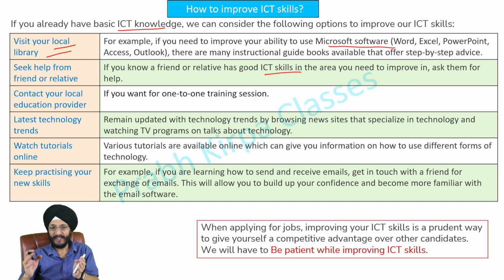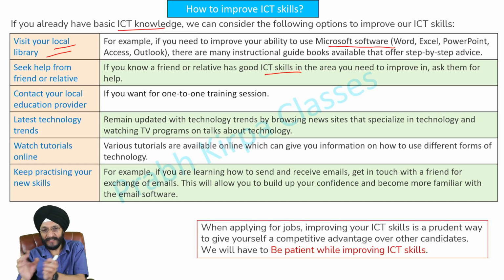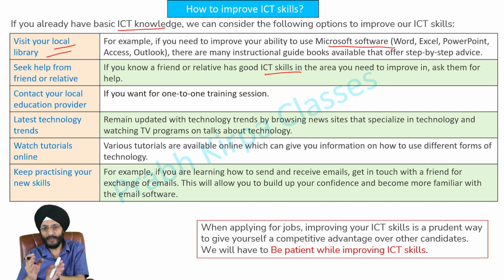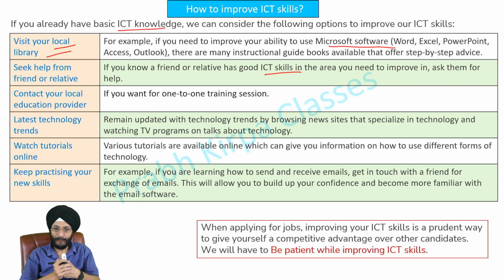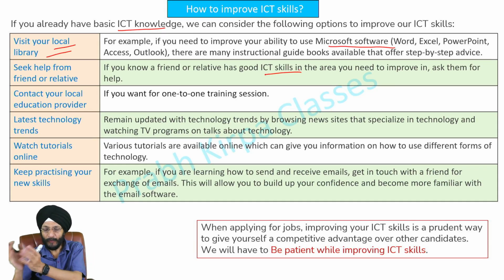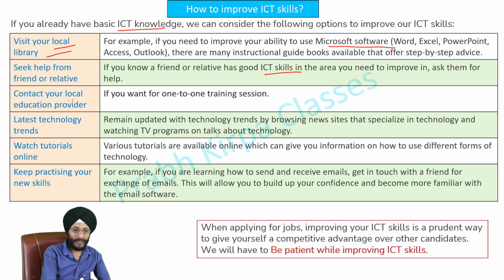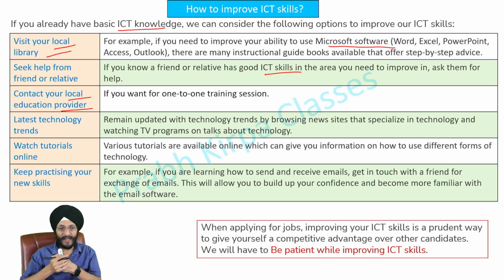For example, if you want to improve in writing letters and using Microsoft Word, and one of your friends or relatives already has the basic knowledge of how to use Microsoft Word, you can approach that friend or relative and ask for help. Or if you have to make a PowerPoint presentation and your friend has the knowledge of the same, you can approach him for the purpose. It may also be possible that you can contact your local educational provider and ask for a one-to-one training session.